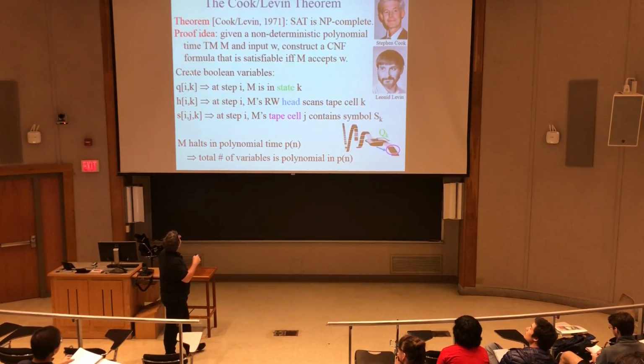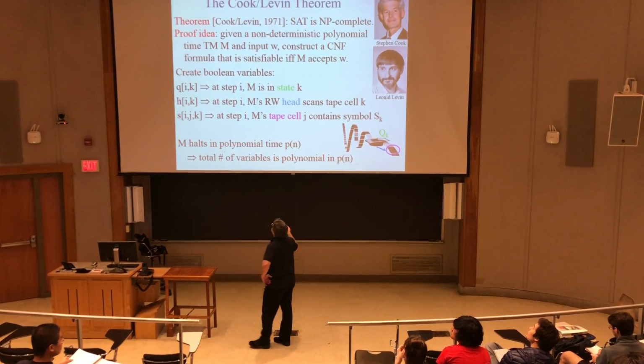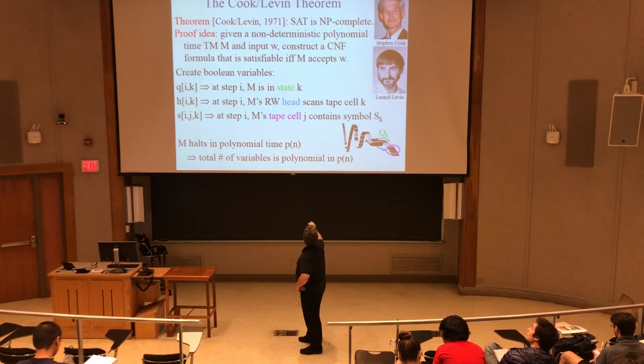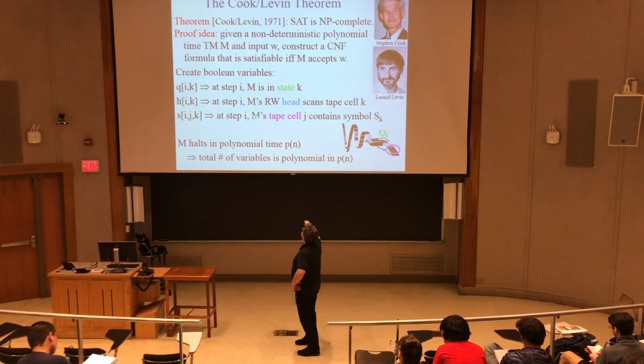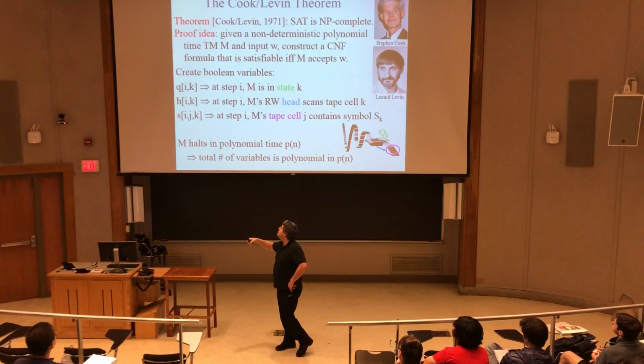That's a lot of variables. They're parameterized by these indices denoting the number of steps i, and in this case, the state of the machine, or the finite control of the machine here, Q sub k. So k is the parameter for the state of the finite control, the finite automata portion of that Turing machine. The read-write head positions are parameterized by H's. H sub ik is true if and only if at step i, the machine's read-write head scans the kth tape position.